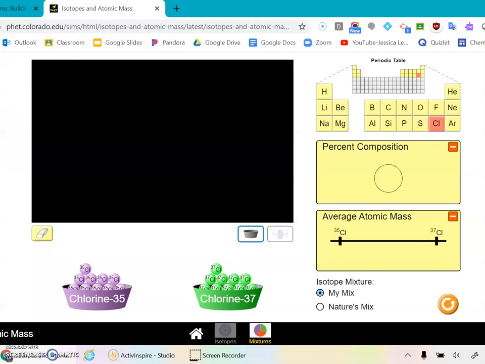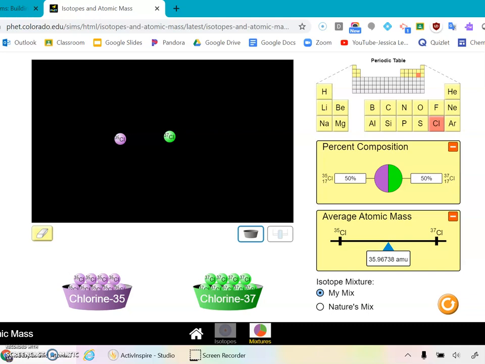So if we take a look at the isotopes and atomic mass and click on the sim, if we look at chlorine, if I have one chlorine 35 and one chlorine 37, it shows me a 50 to 50% abundance, an equal average. And the mass would be 35.96, which is not 35.45. So how do I slide this way?